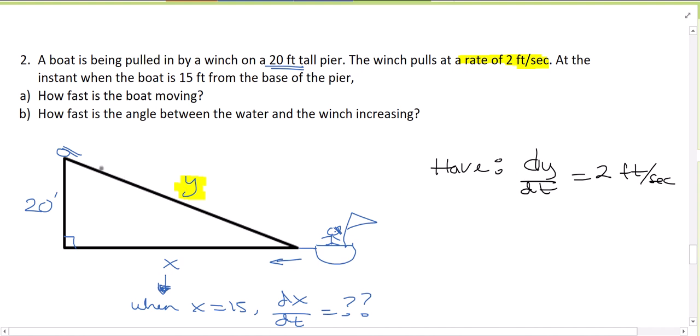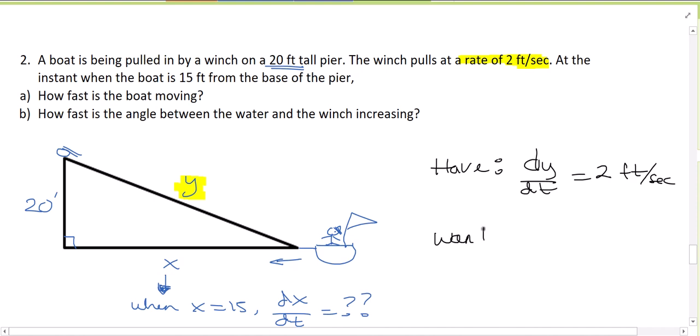My y comes from the distance that's changing, which I called y. Somebody else could have called this a and that b or c, because we have a right triangle. That could be c, and then this will be dc dt. So the way that you label your shape is going to affect how your d whats look. If you don't have variables, it's going to be hard to name what those things are.